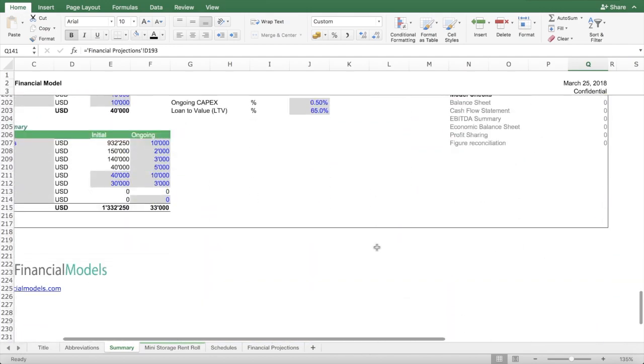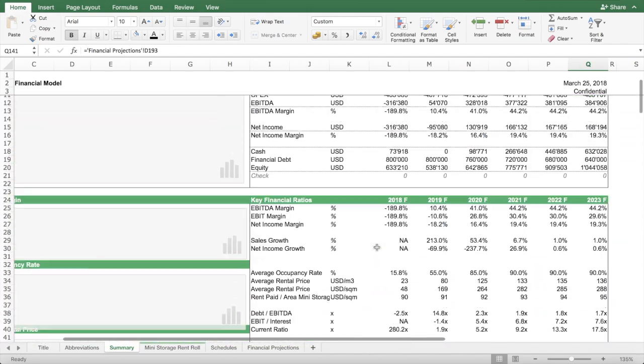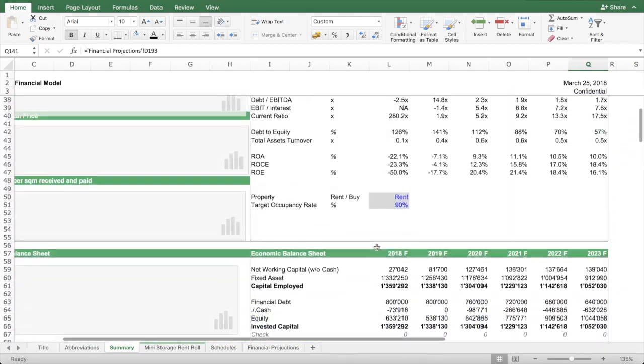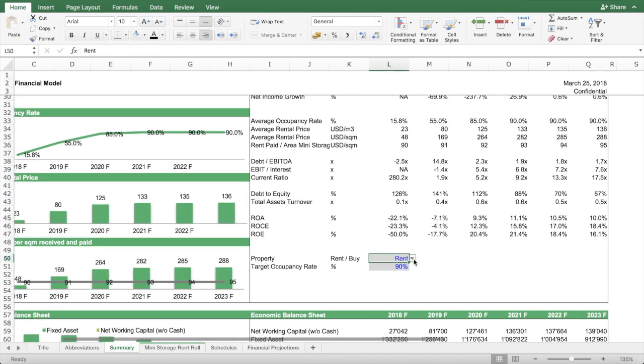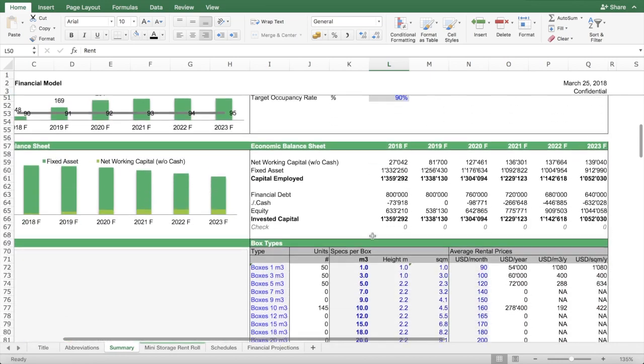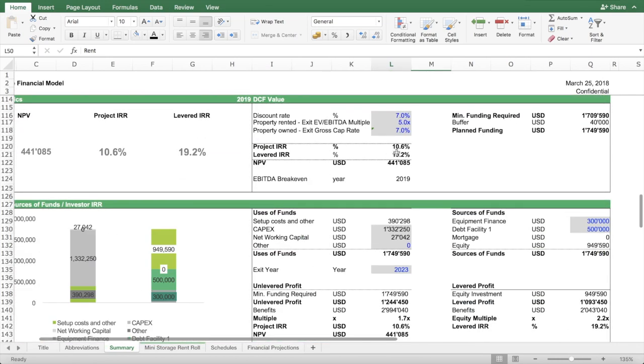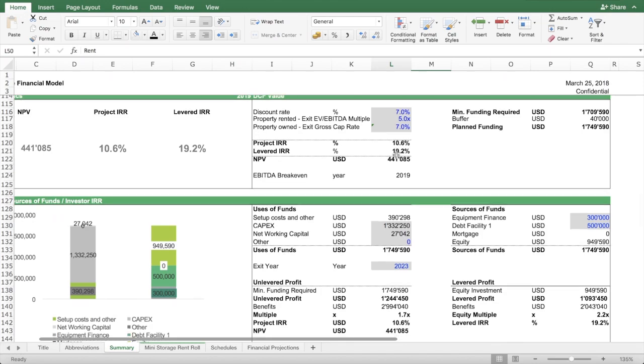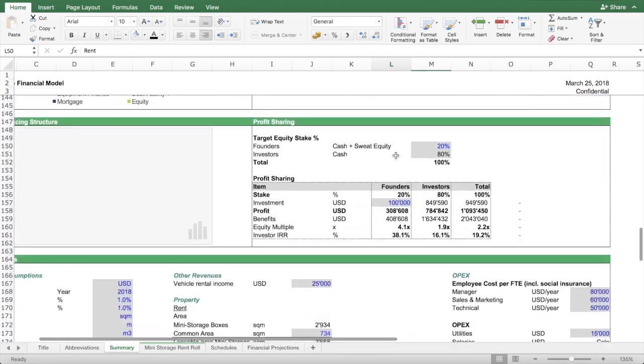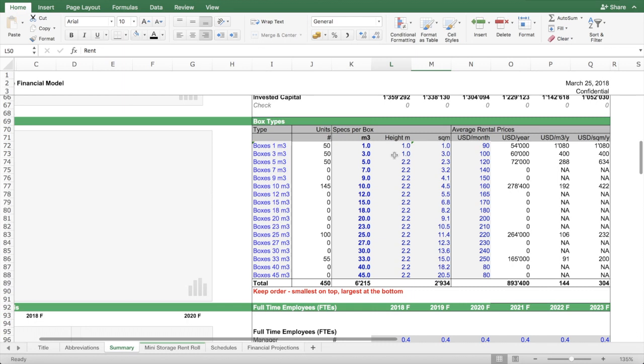So to wrap up, overall, as you can see, what you can do with the model is run rent or buy scenarios. You can figure out what is the required funding of that mini storage business. You can also play with your pricing model.